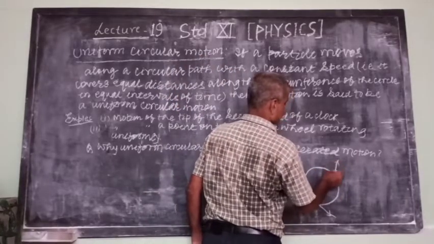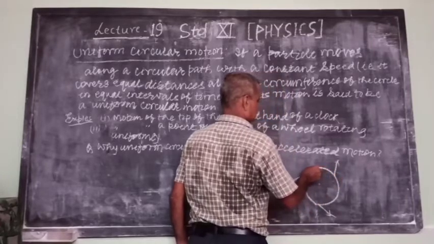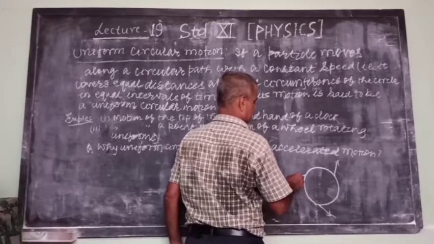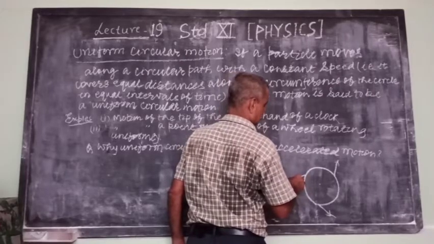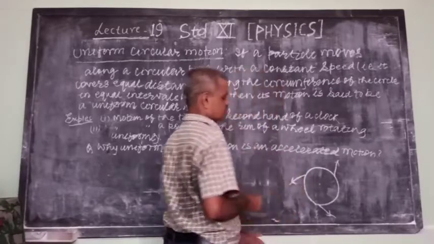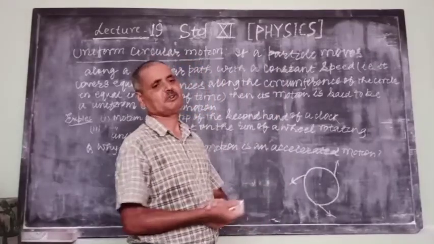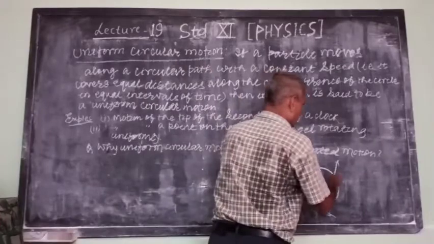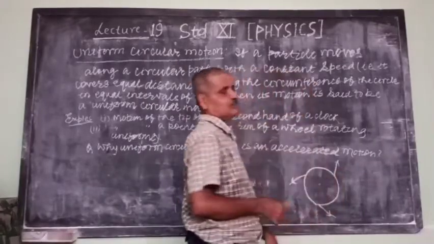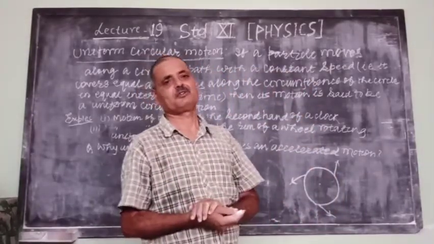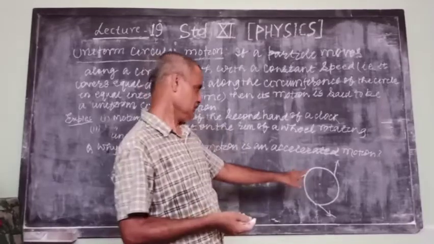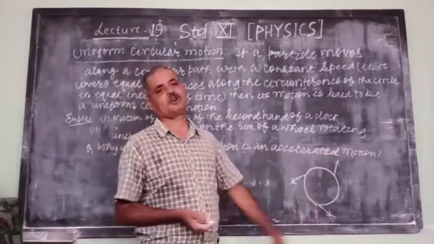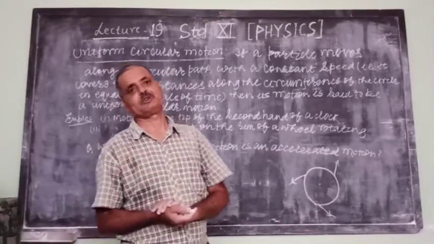It will always move with constant speed, but at every moment its direction will change, and the acceleration is always towards the center. That is why it is called accelerated motion.